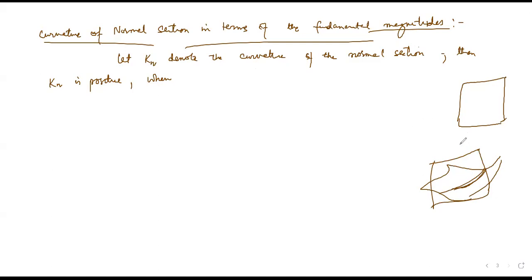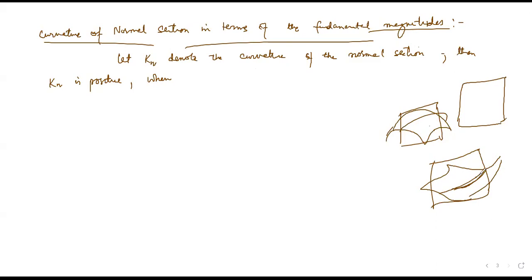And if in case you have a surface in this way, there would be a curve in this direction. So we want to fix a convention to distinguish these two cases.